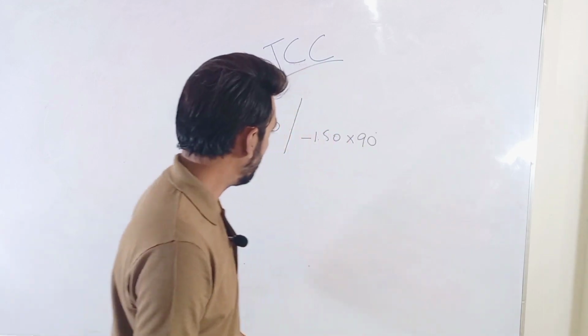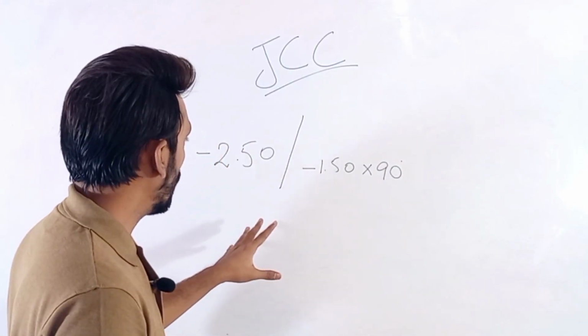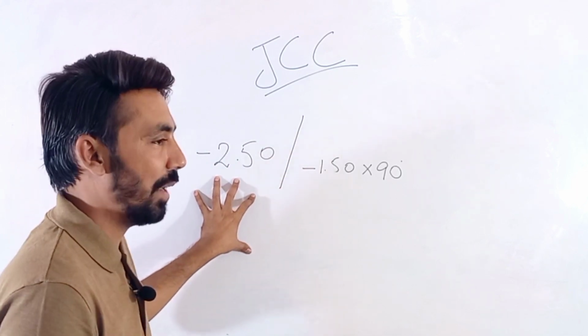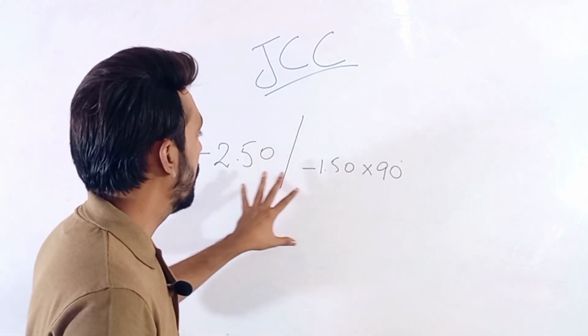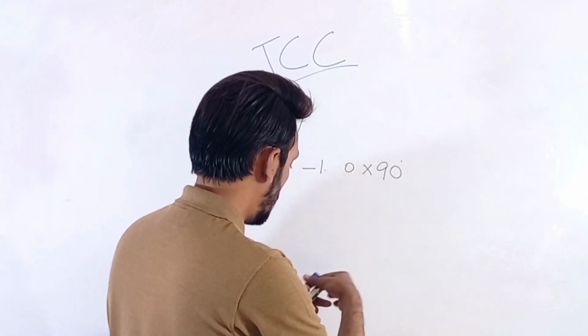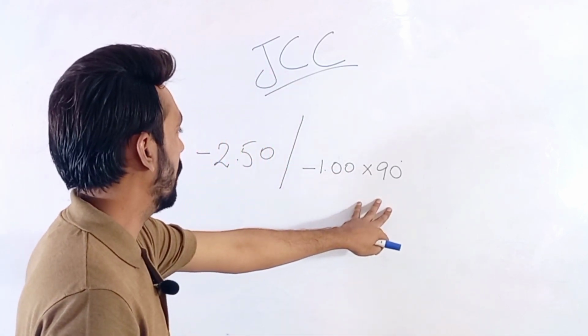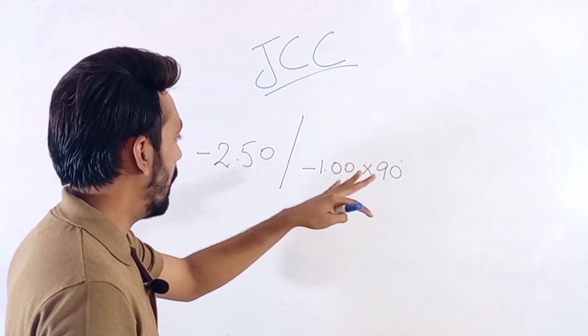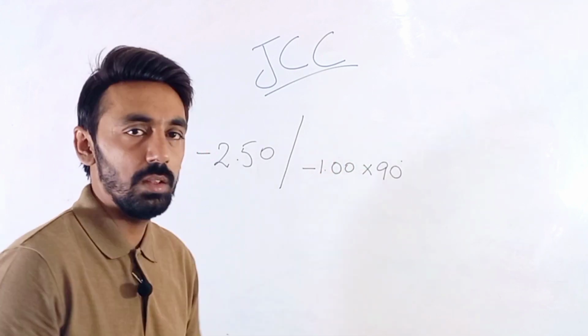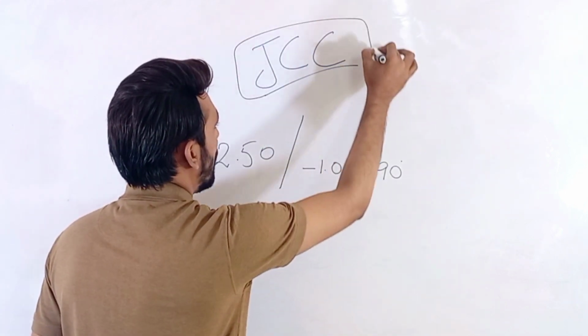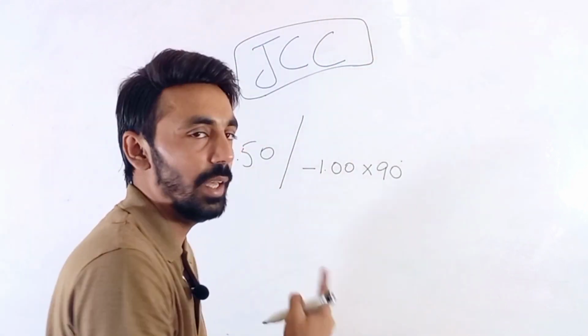So in Jackson cross cylinder our best vision sphere after the duochrome test was, suppose, -2.50, and the cylinder is, suppose, -1.00 cylinder at 90 degrees. Now we will get the spherical equivalent. You have to keep in mind we are performing the last step of Jackson cross cylinder, which is the spherical equivalent.